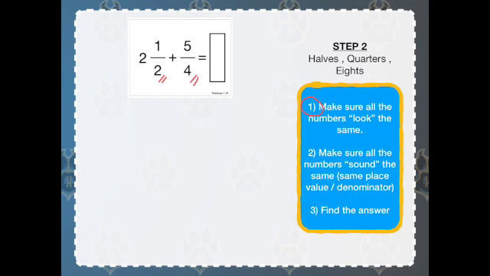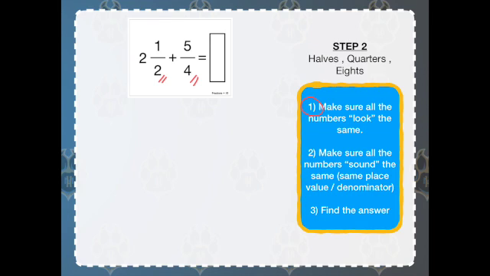Students are really being encouraged in class right now to find out which type of number they're most comfortable with and try and practice that as much as possible. So do you want everything to be mixed numbers, or do you prefer everything being improper fractions? I personally prefer everything being written as an improper fraction, so that's what we'll do for this example, but students are always encouraged to use whichever they prefer as long as it works for them and the question.